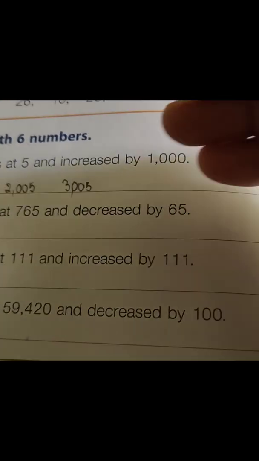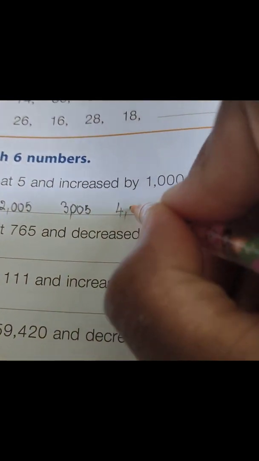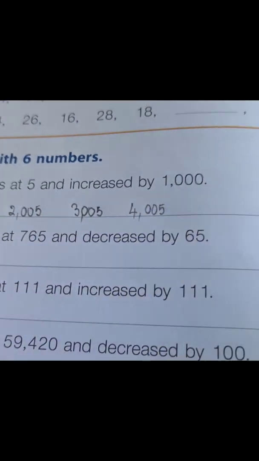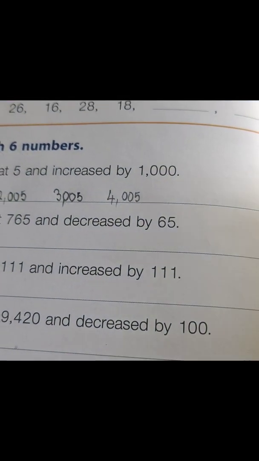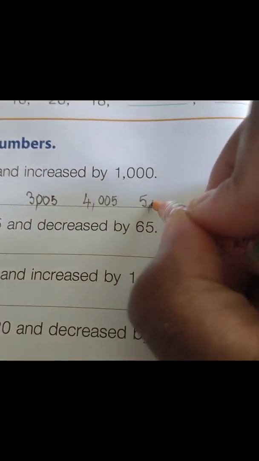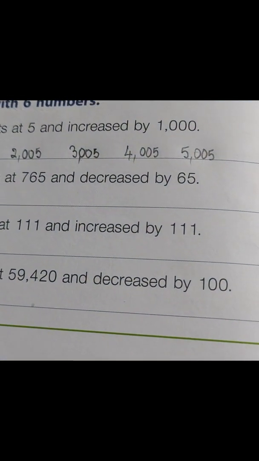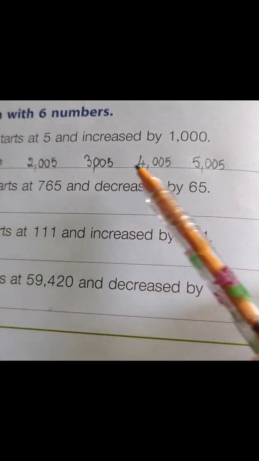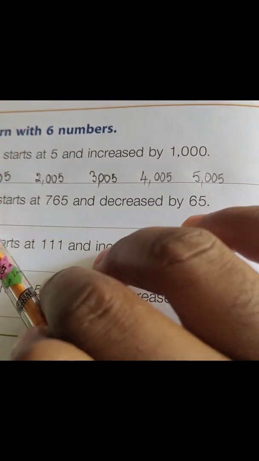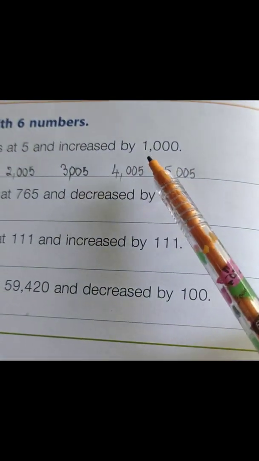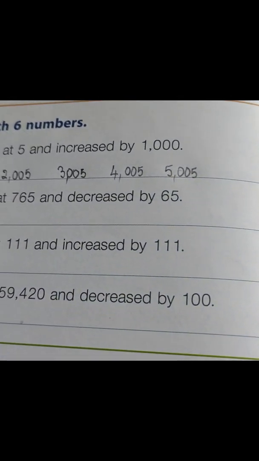So let's add 1,000 again. It will make 4,005. And the last number, 5,005. Okay? So that is our first pattern, starting at 5 and increasing by 1,000.